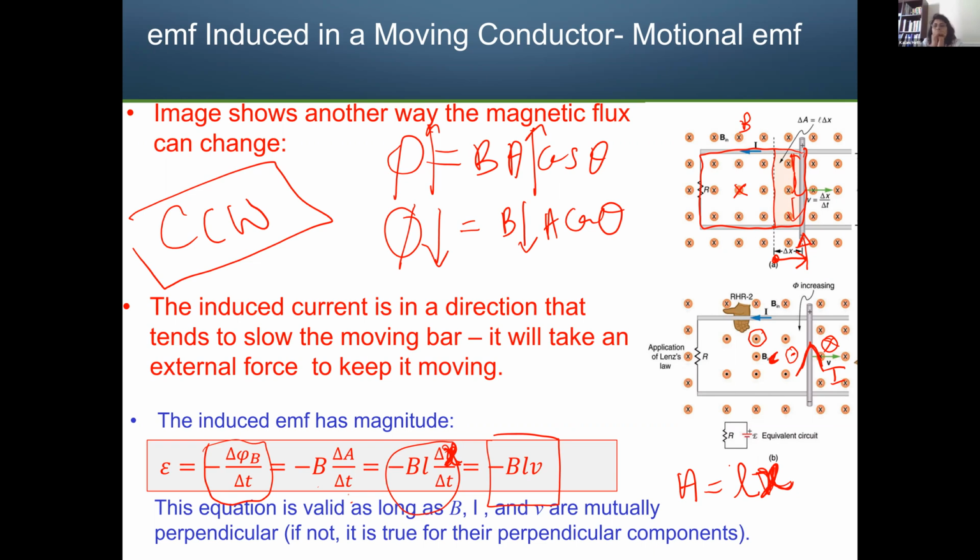So if you have X distance moved, and L is your height, then X times L will be the area of that loop that you are changing. So now you will be able to calculate the induced EMF by using B, the length of the conductor, times the velocity that we're going to move the conductor, right? So that is, we call it motional EMF.